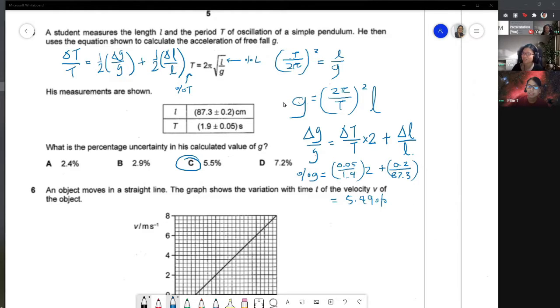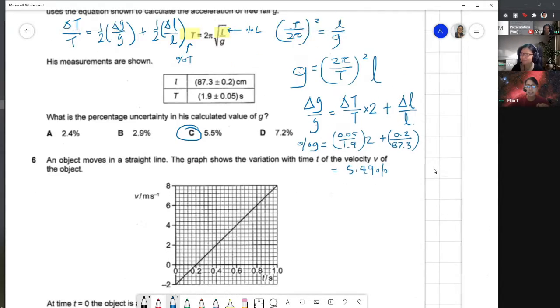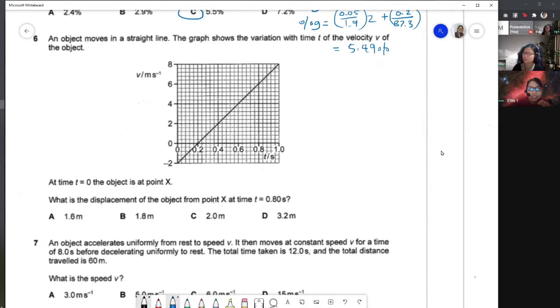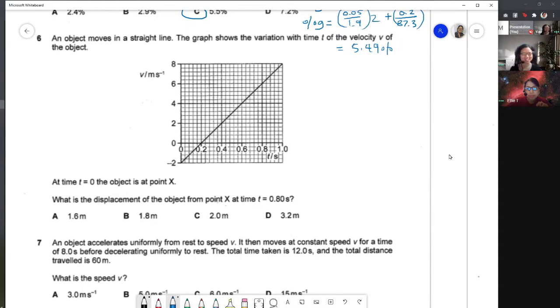Okay? So don't do some weird thing. You rearrange the equation. This one is just like, I don't know what is happening. I will draw a bunch of question marks here. Miss, I lazy to rearrange. Don't, rearrange better. So please rearrange, especially for your paper 5, if you're watching this and about to start your A2 journey.